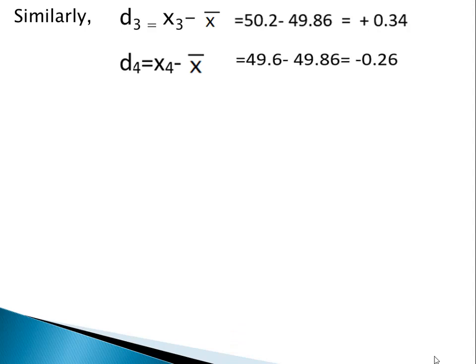So x4 is 49.6 and the mean is 49.86. So after calculation, d4 is equal to minus 0.26. And the last deviation from the mean, that is d5 is equal to x5 minus x bar. Now after substitution, d5 is equal to 49.7 minus 49.86, that is equal to minus 0.16.